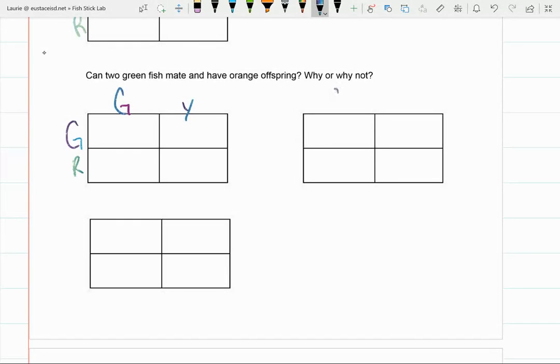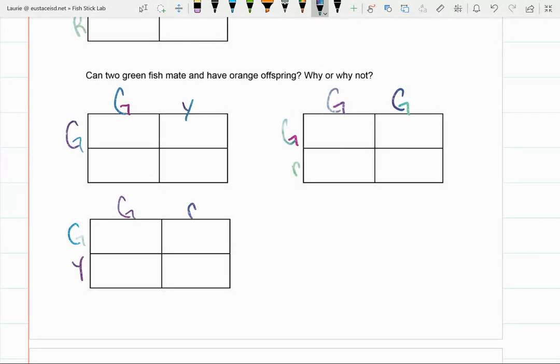And you could try G, r and G, r. And then you could come over here and do G y as father and G r. Oh, the r is recessive, it should be lowercase.